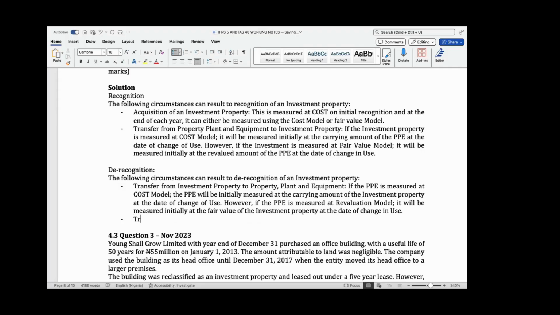Also, we can do transfer from investment property to inventory.